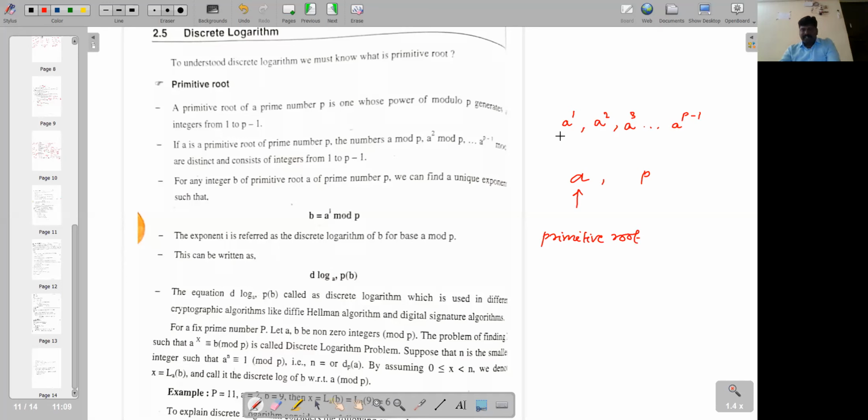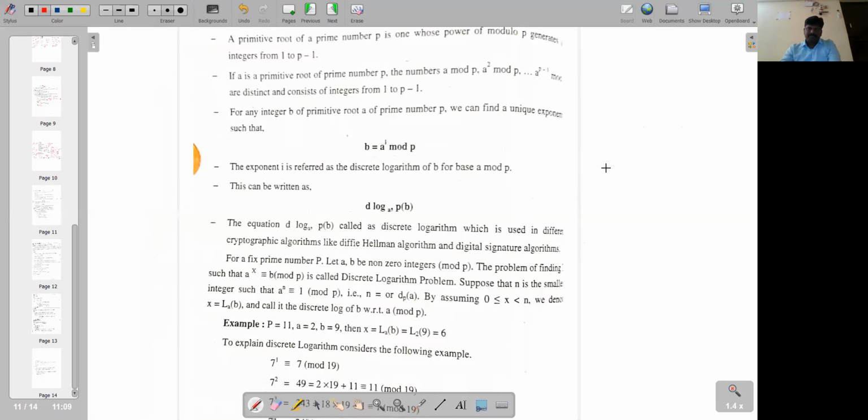If I take the modulus operation mod p for all these numbers, a power 1 mod p, and then a power 2 mod p, and then a power 3 mod p, until a power p minus 1 mod p.